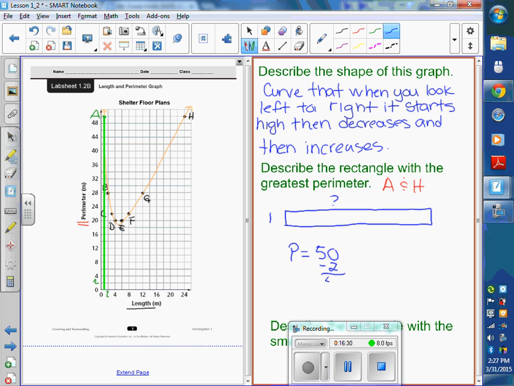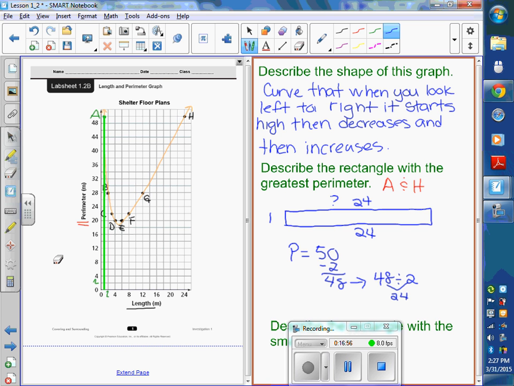So subtract 2 and you get 48. You get 48, and then you have to split it in half because it's for both sides, not just for one. And we did that on our last test. So even though the graph doesn't show a 24 anywhere, you should be able to use the perimeter, which is 50, and the length, and be able to tell the area.